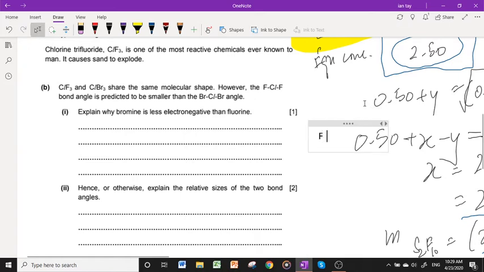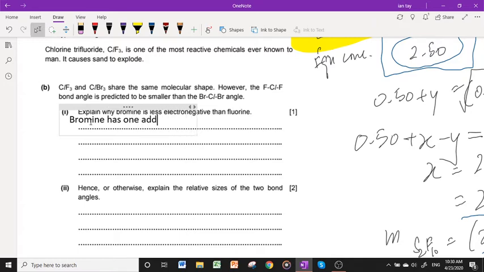Bromine has one additional electronic shell than fluorine.